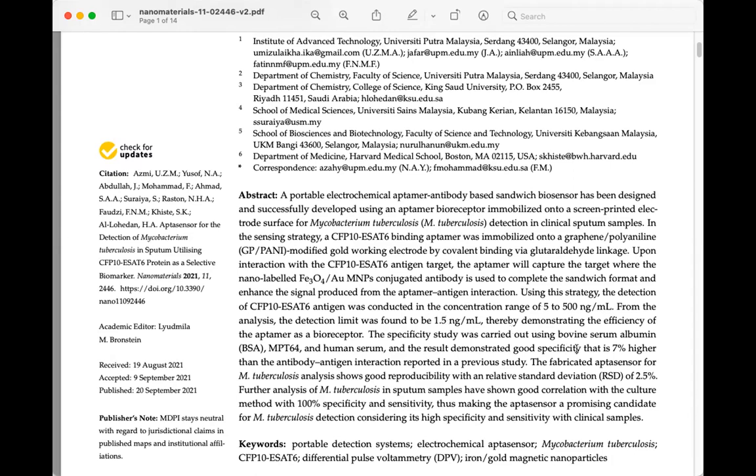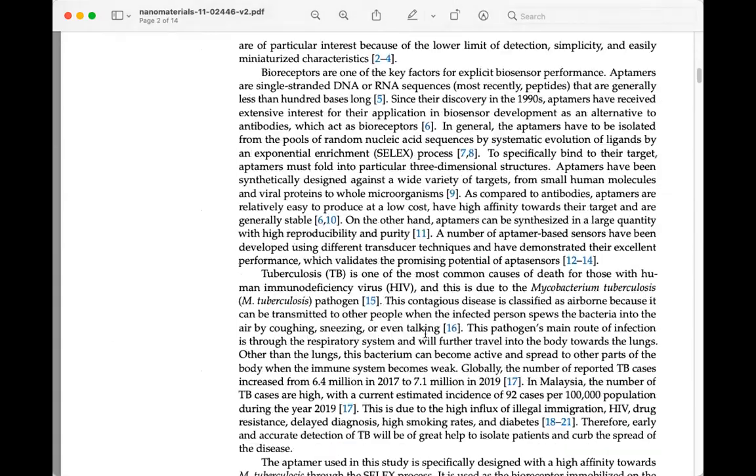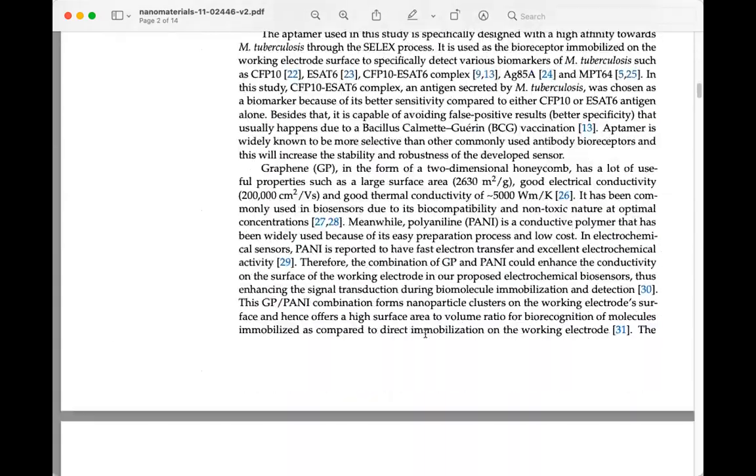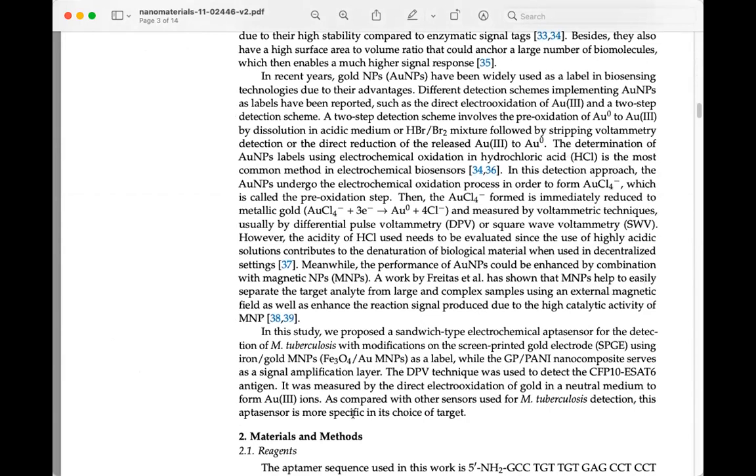You have some figures here, the main significant results only. Then we have the introduction, similar to the previous paper. In the end, we write "in this study, we propose," telling what has actually been done in this work and what we are reporting in this paper.